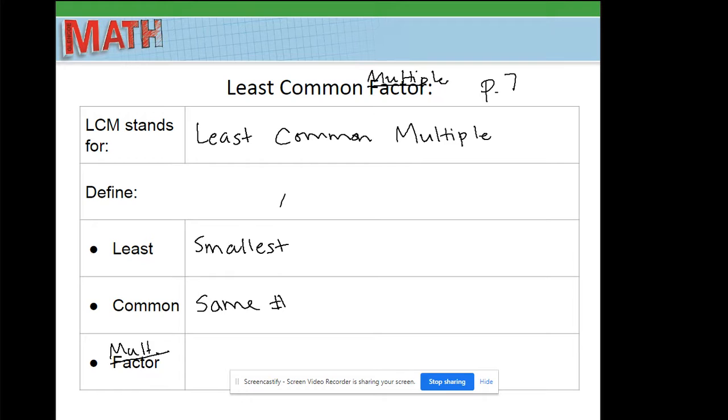And multiple is the product of a number times a number. I'll show you what that means here in a second.